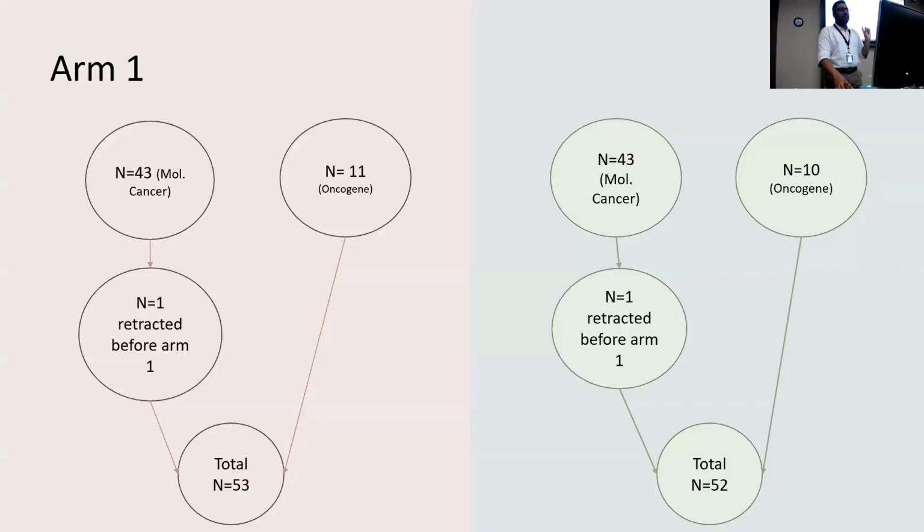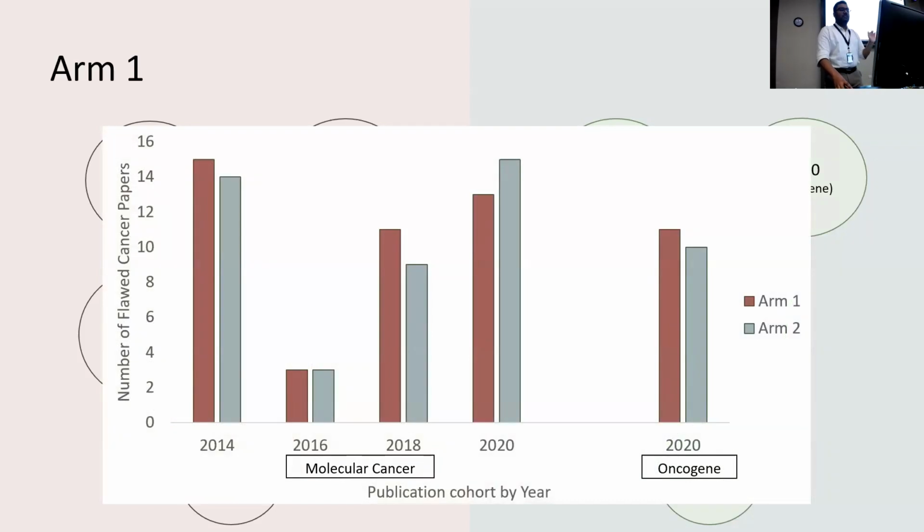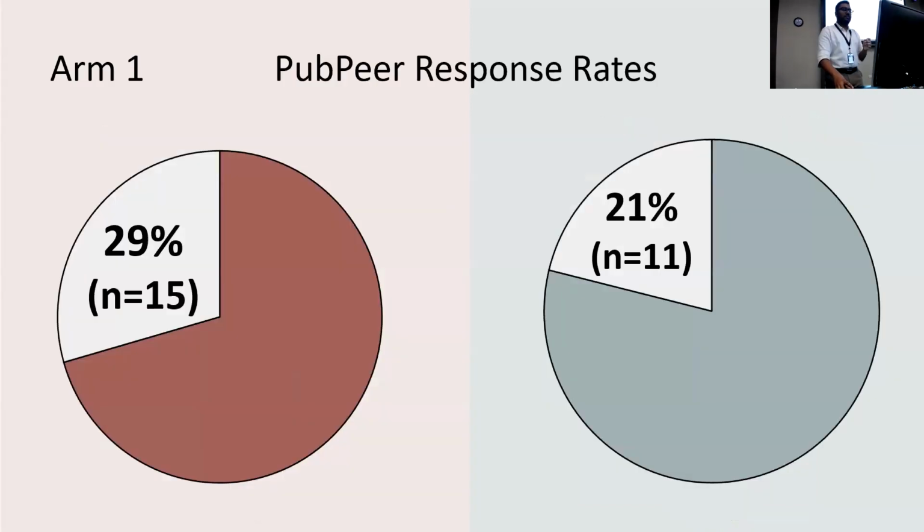So briefly, one paper was retracted before the arm 1 PubPeer posts were up and thus excluded from analysis across both arms. And broadly, we could see an equal distribution of papers by publication year and journal across the two arms.